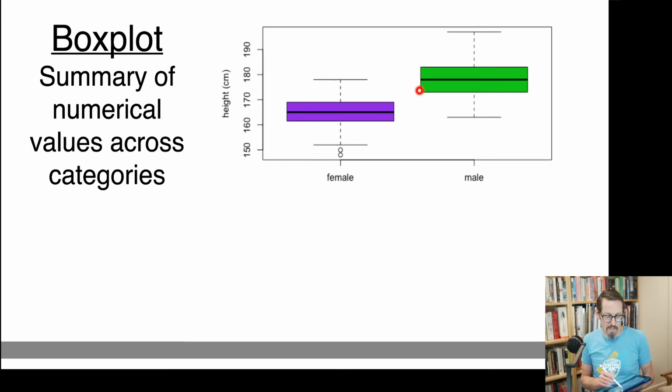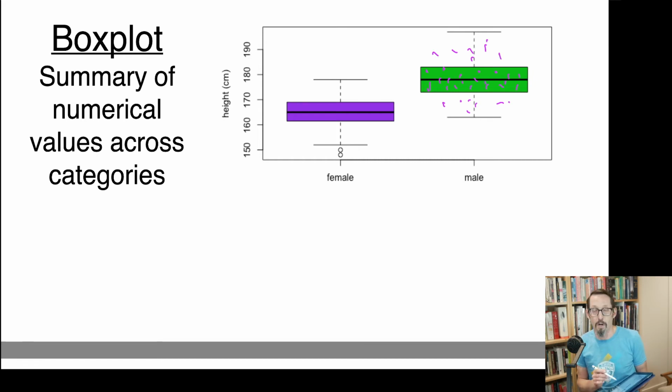Then out to the edges of the box, inside that is half of all the data. So if I was going to start to draw data points, those little dots are measurements that we actually have in our data set. Half of them are going to lie within that box.